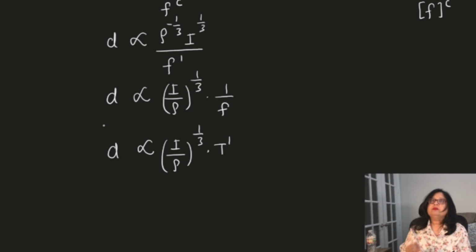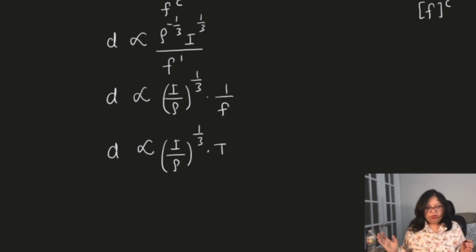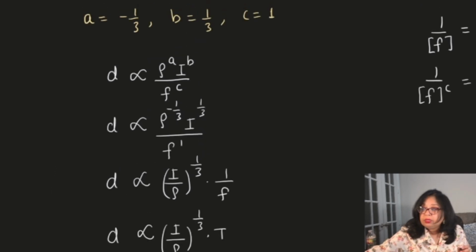Why? Because frequency is 1 over time period. In other words, 1 over frequency is equal to time period. Now, do I really need to write this power of 1? Nope, I do not need to. So here, we have solved for A, B, and C using dimensional analysis.